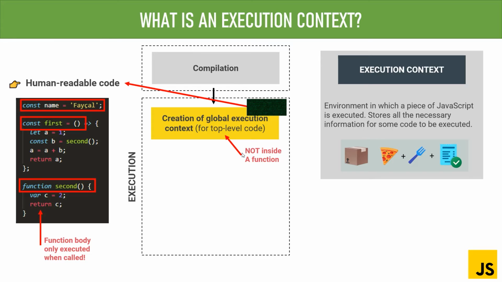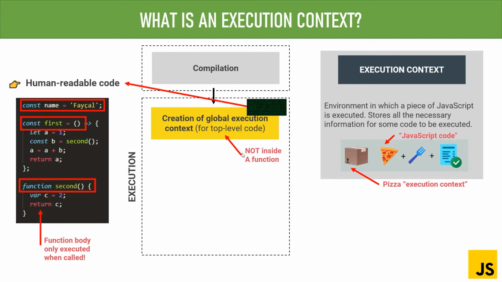So in this analogy, the pizza is the JavaScript code to be executed. And the box is, of course, the execution context for our pizza. That's because eating the pizza happens inside the box, which is then the environment for eating pizza. The box also contains cutlery and the receipt, or fork, which are necessary to eat a pizza, or in other words, to execute the code. Okay? I hope that made sense.